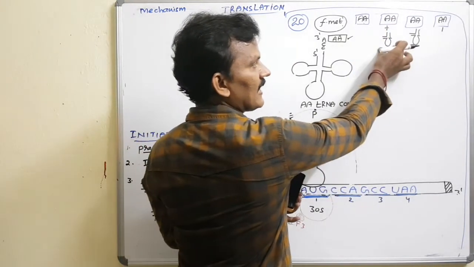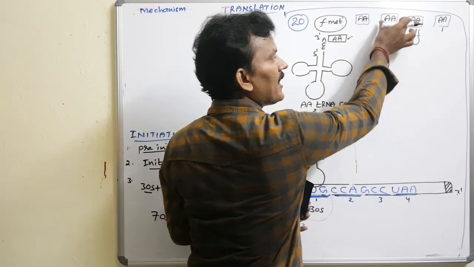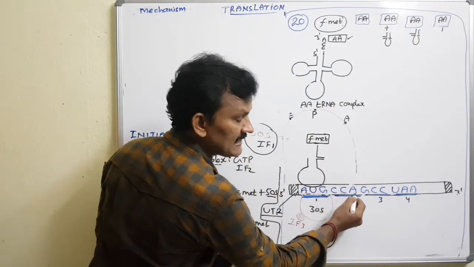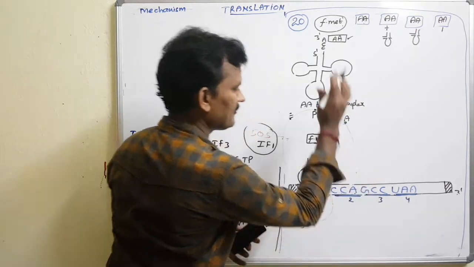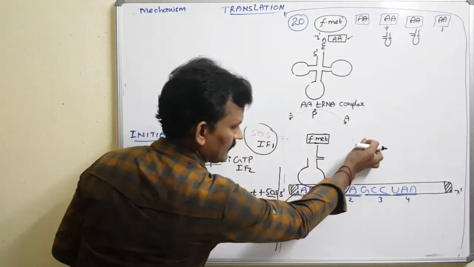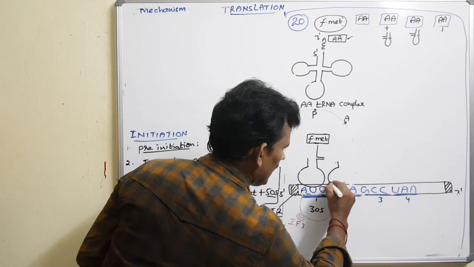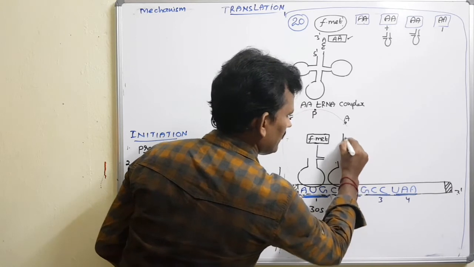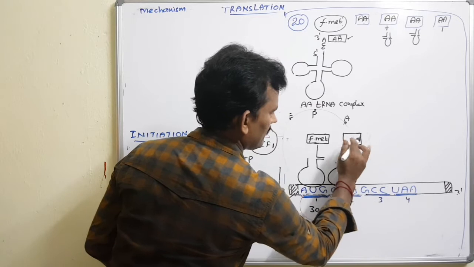So another tRNA that brings an amino acid comes and becomes complementary with its anticodon. This is the anticodon arm, and it brings one amino acid.